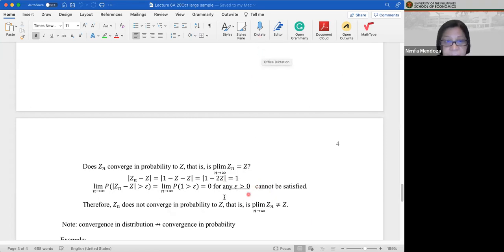So that means that Z sub n does not converge in probability to Z. That is, the p-lim of Z sub n is not equal to Z. So note that convergence in distribution does not imply convergence in probability.